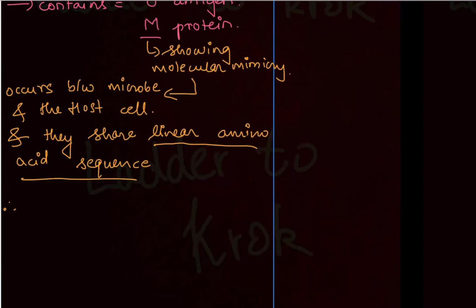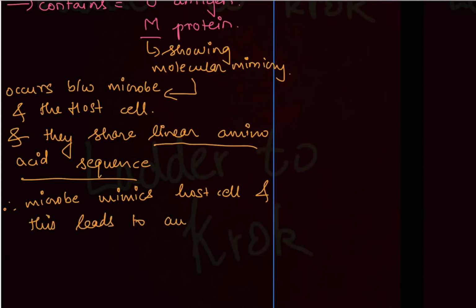So the immune system will try to kill the antigen and will also try to kill its own tissue. That's why it initiates an autoimmune response. Therefore, the microbe mimics the host cell, and this leads to an autoimmune reaction. I hope this makes sense.